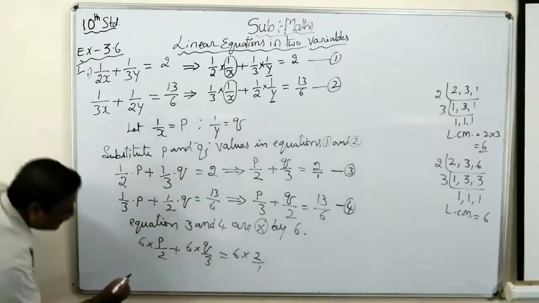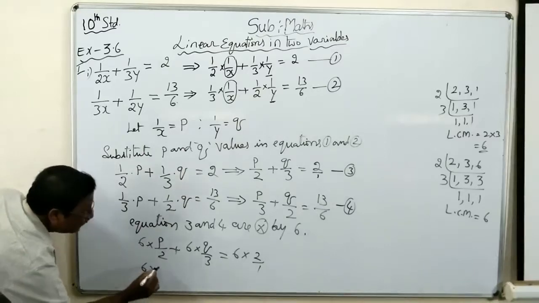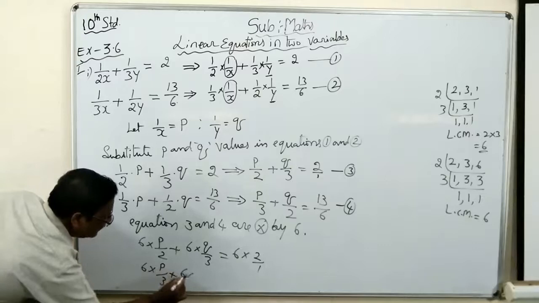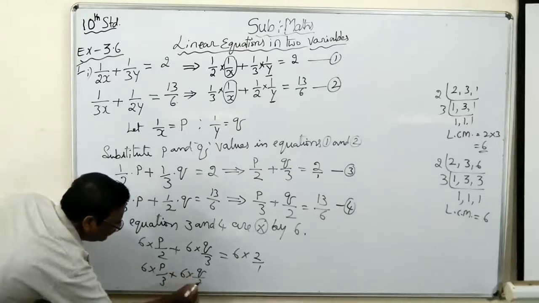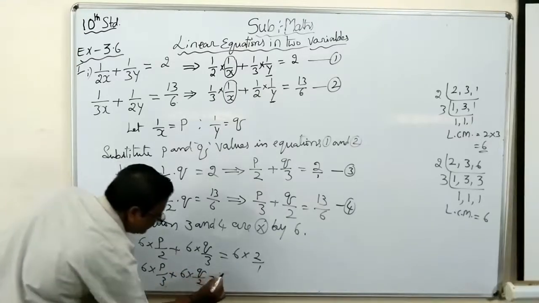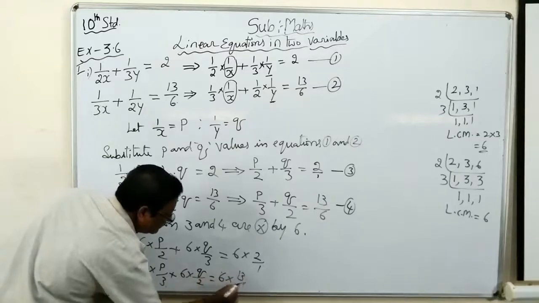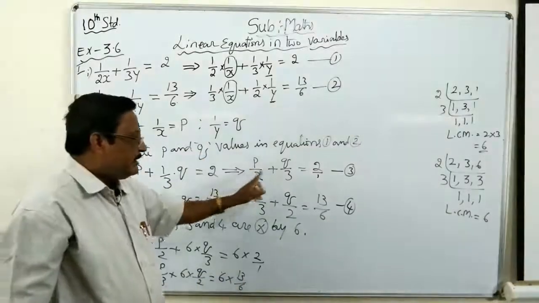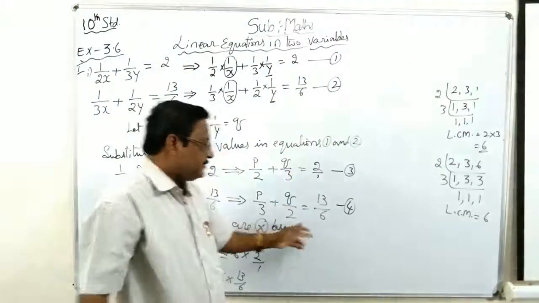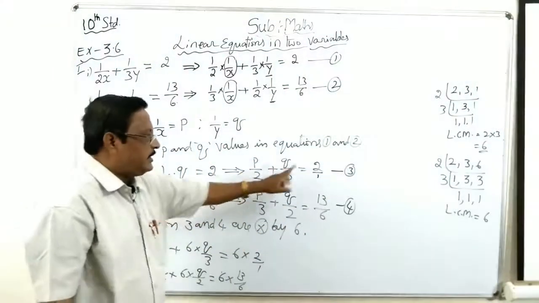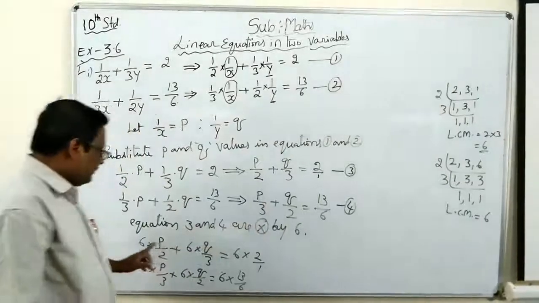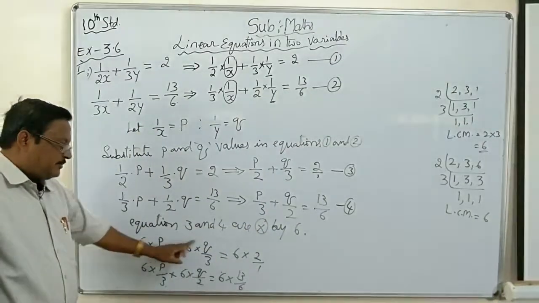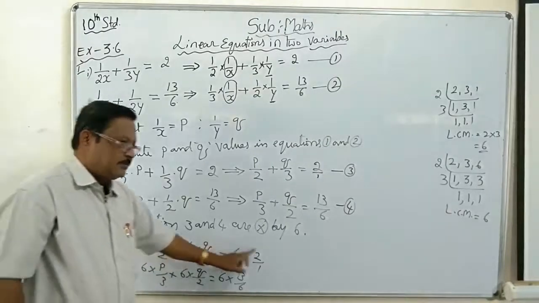Next, 6 into p by 3 plus 6 into q by 2 is equal to 6 into 13 by 6. See here, multiply equations 3 and 4 by 6 means each and every term is multiplied by 6. The first term is multiplied by 6, the second term is also multiplied by 6, and the last term is also multiplied by 6.